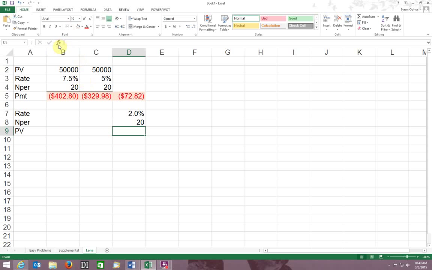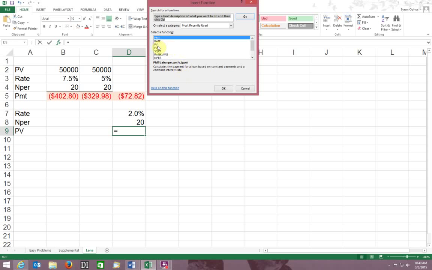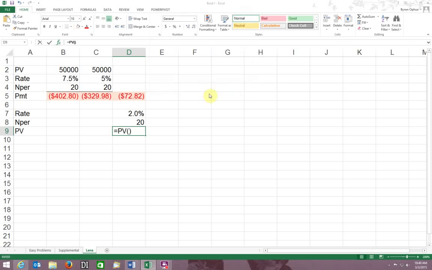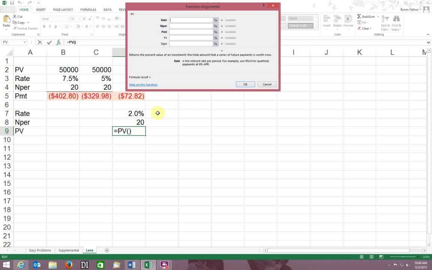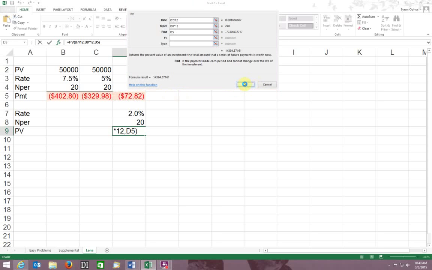My rate is this, but that's an annual rate, so I have to divide that by 12 to get my monthly rate. My number of periods is annual, so I have to multiply by 12. And my payment, which I would normally enter as a negative, but it's already a negative here.